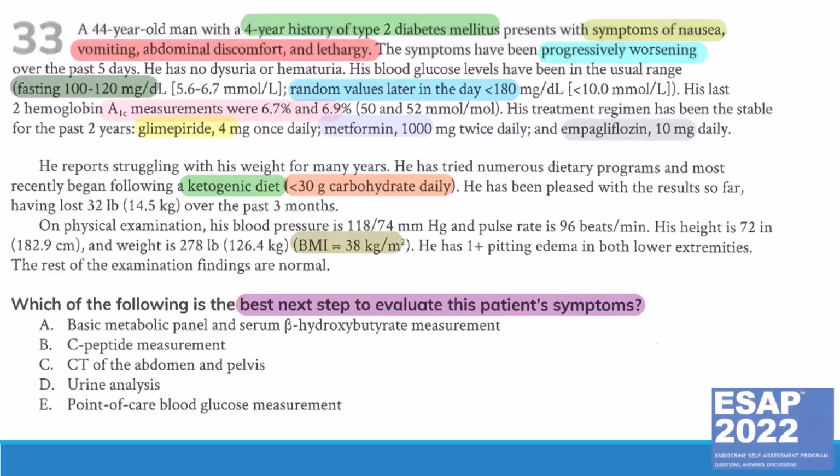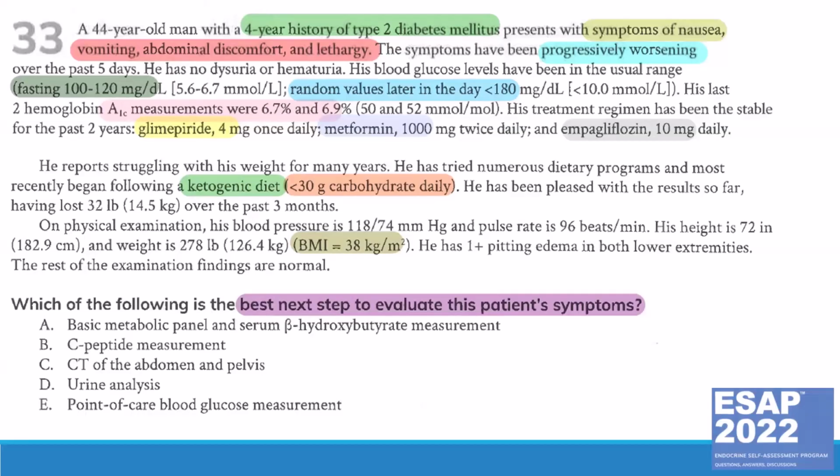This is a question related to a 44-year-old male presenting with a 4-year history of type 2 diabetes mellitus, with symptoms of nausea, vomiting, abdominal discomfort, and lethargy, progressively worsening. Random plasma glucose is not elevated, fasting blood glucose is within the target, and hemoglobin A1C is within the target.